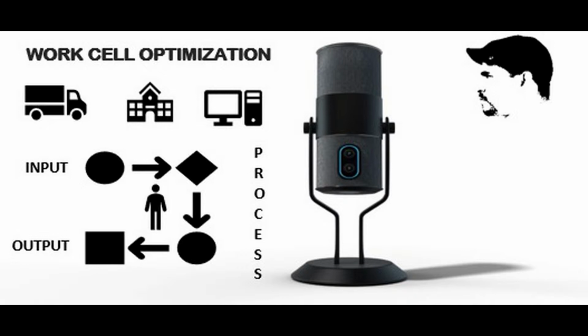Another example of a work cell is an office. In an office, you have the same basic elements of people, information, raw materials, equipment, and a specific process taking place in that workspace.